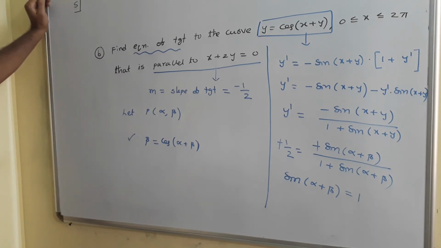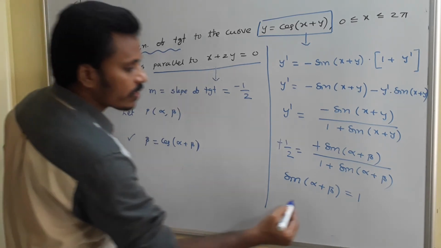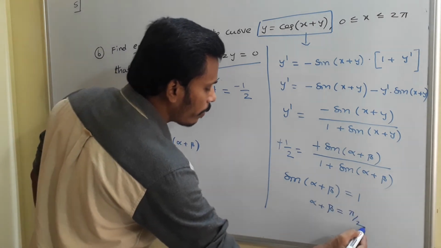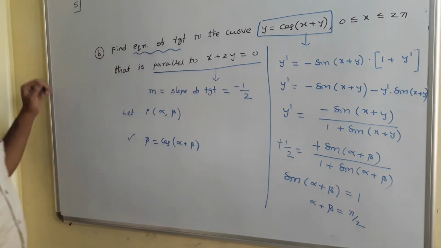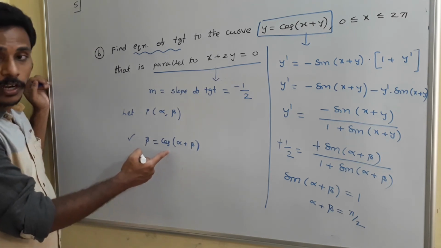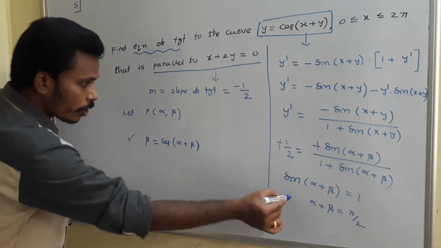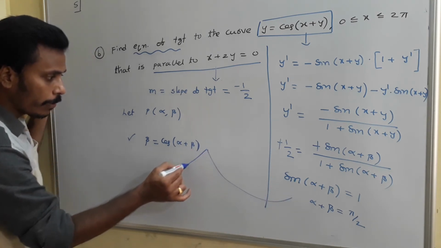So whenever sin of alpha plus beta equals 1, what can you say about alpha plus beta? Sin 0 is 0, sin 90 is 1. So you just say that alpha plus beta equals pi by 2. If alpha plus beta equals pi by 2, apply it in this relation: use this alpha plus beta as pi by 2 here.